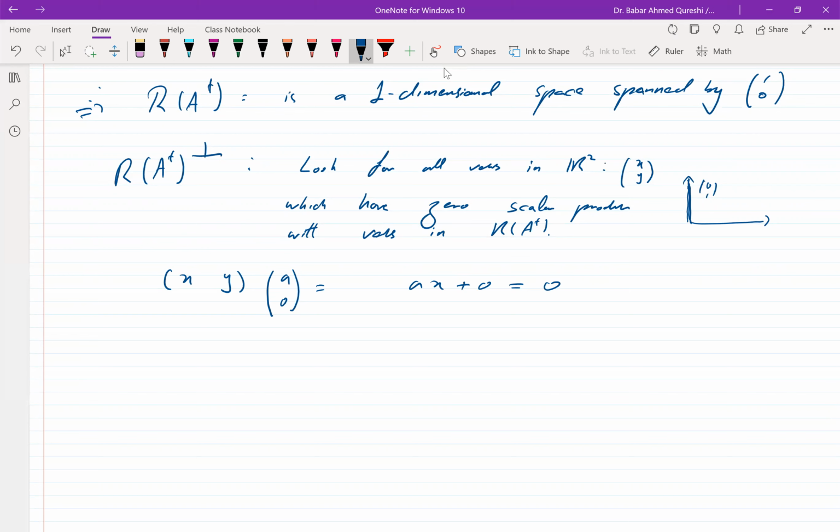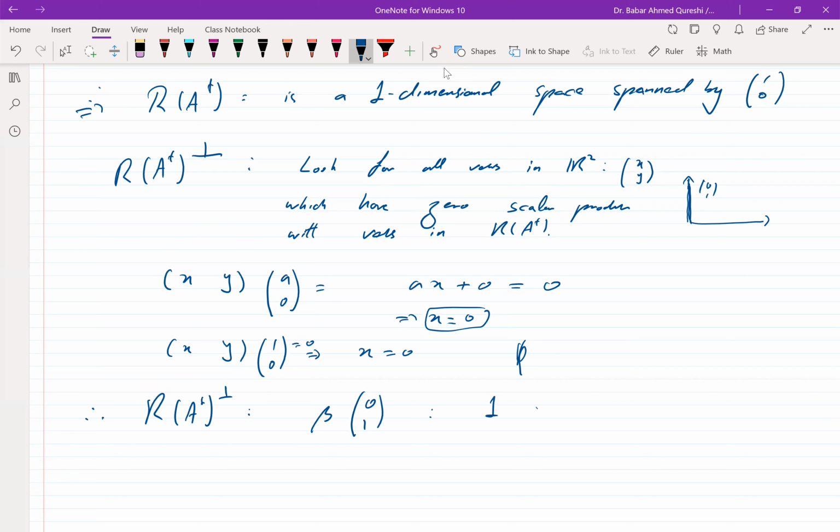A is arbitrary, so X has to be 0. Or you can just check the basis vectors on basis vectors, and then the orthogonality on all the span follows from it. So X is 0, but there's no condition on Y. So the vectors in the orthogonal complement are of this form.